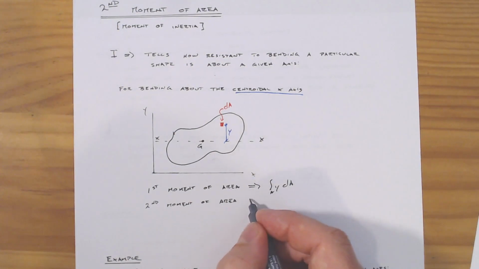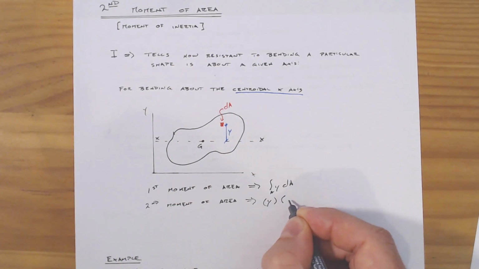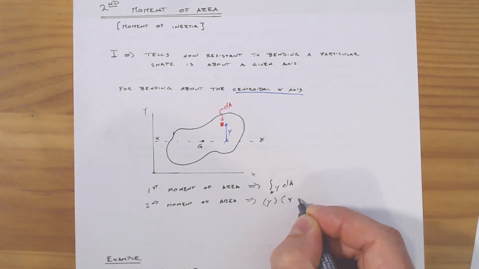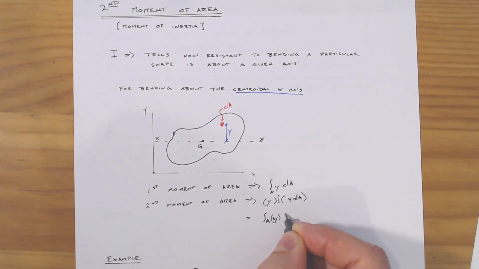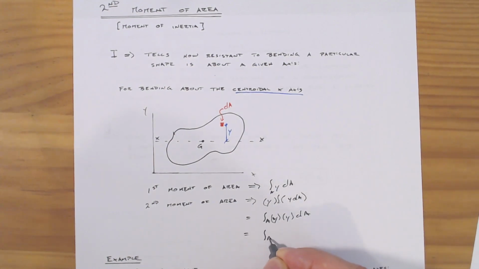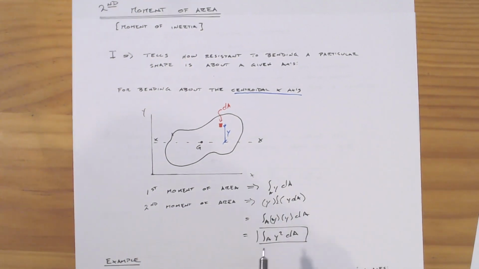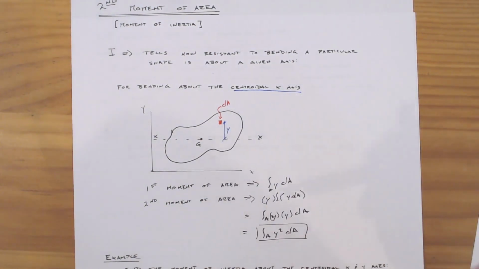So we get y times y dA, which is y squared dA.